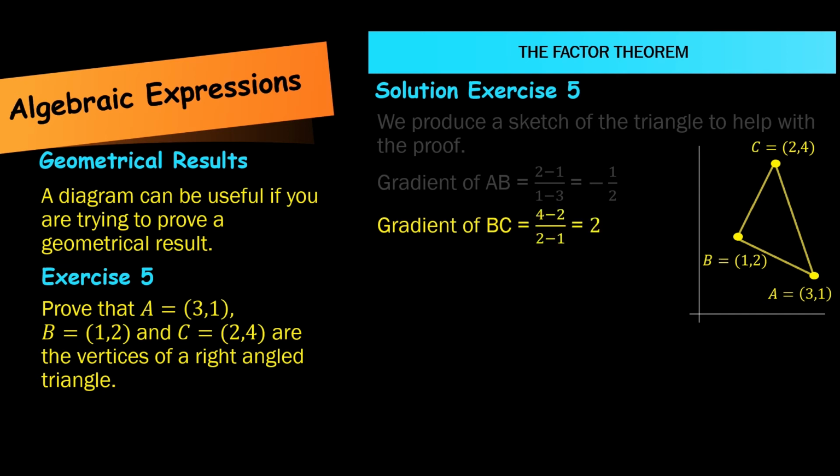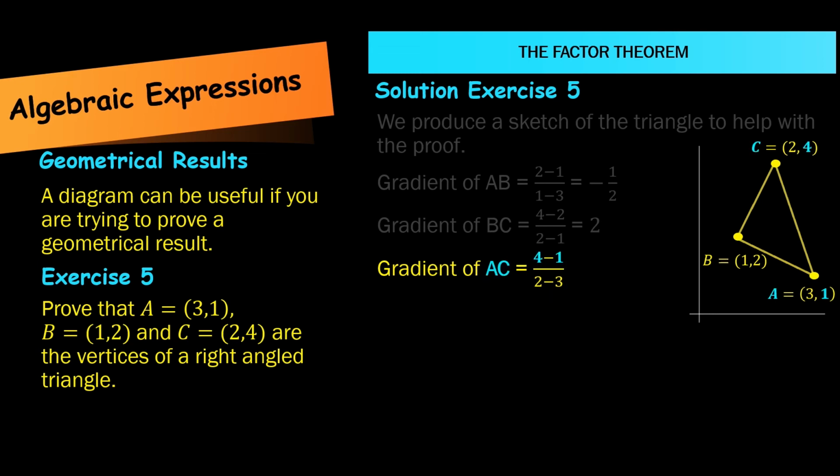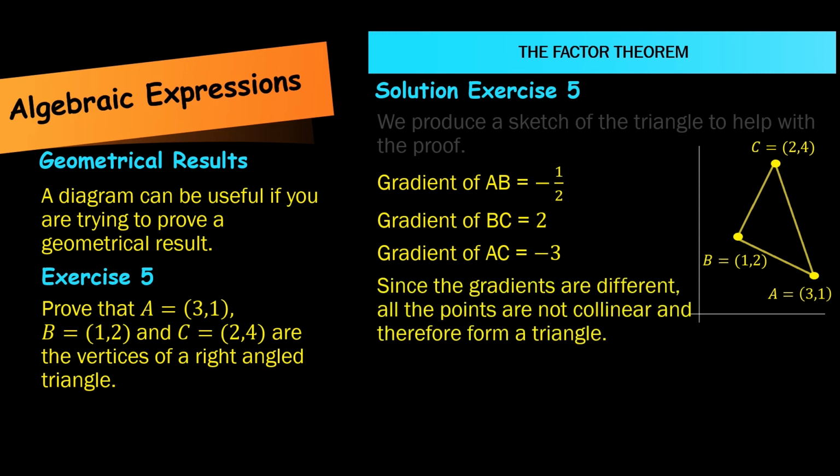And the gradient of AC, again, is change in y over change in x, which is 4 minus 1 over 2 minus 3, which equals minus 3. So here are the gradients of the three lines AB, BC, and AC. Now, since the gradients are different, all the points are not collinear and therefore form a triangle.